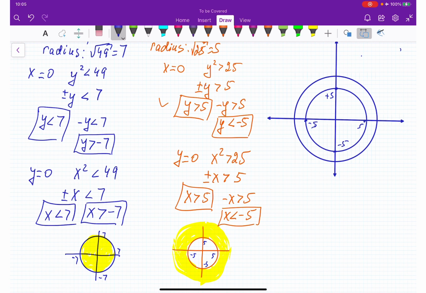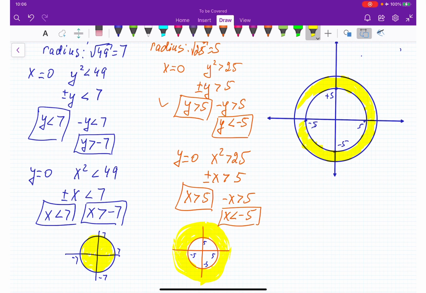So 7 comes inside, 5 goes outside, so the shading area is going to be between. Just like I said. It's going to be between.